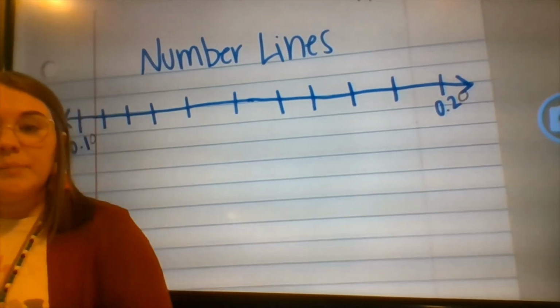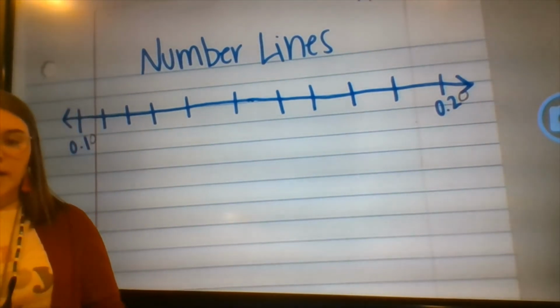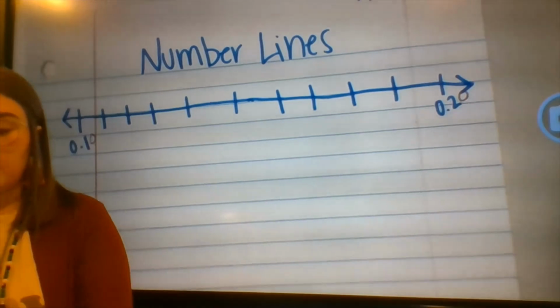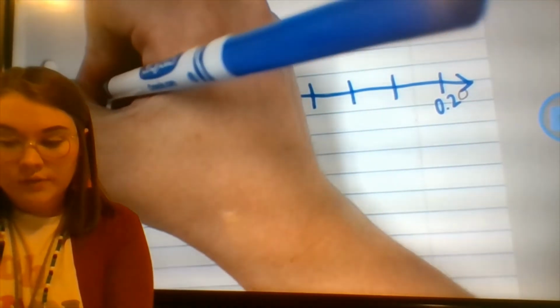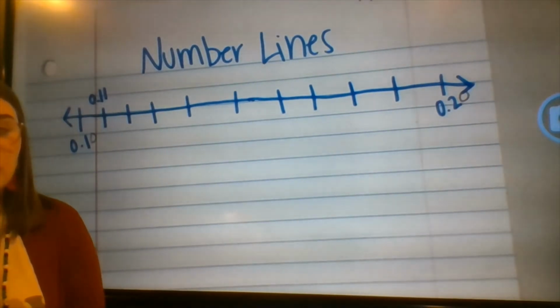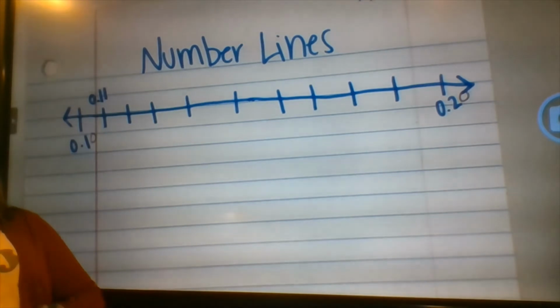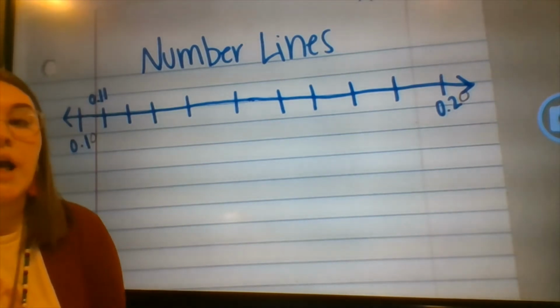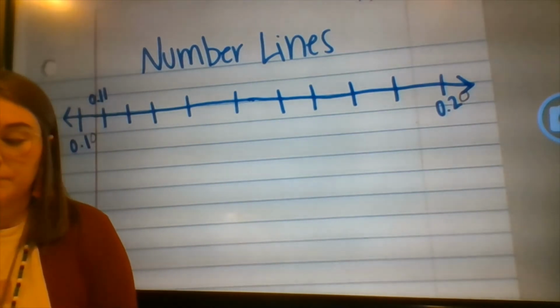So I'm going to label the first one, and then I want you to label the rest. So we'll start off with 11 hundredths. If you need to pause the video, please pause the video, but I want you to go ahead and label the rest of the number line.